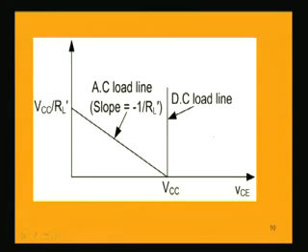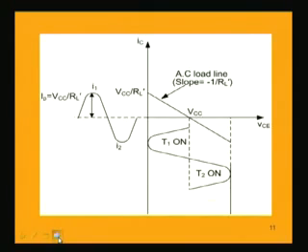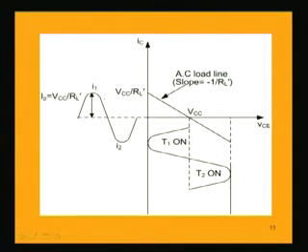If we now combine both the transistors and try to draw the voltage and current swings, then for the upper portion, when the transistor current I1 is increasing, that means the upper transistor T1 is conducting. I1 is the sinusoidal current, with peak value VCC by RL dash starting from 0. This is the AC current we are considering.